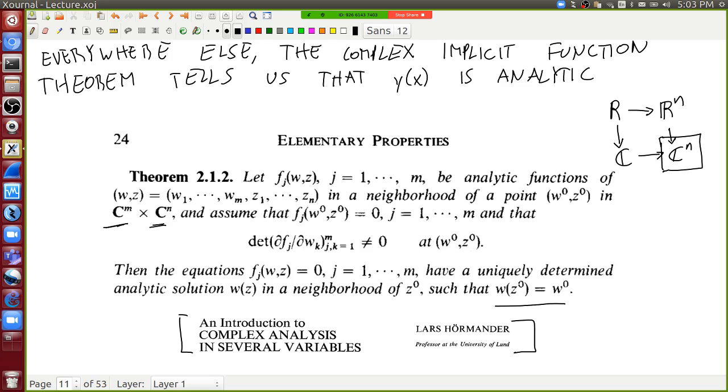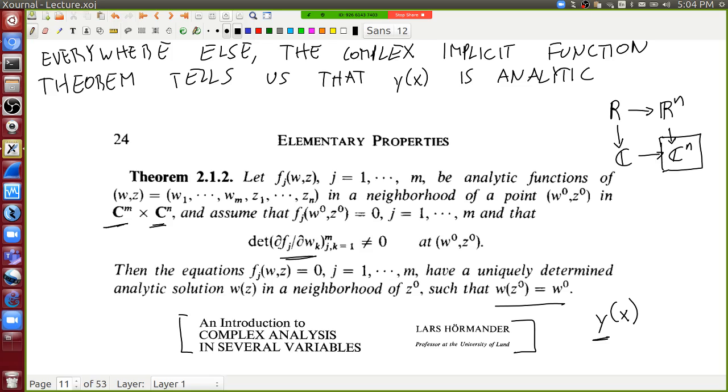We want y as a function of x. So w is a function of z, and the partial is with respect to w, y in our case. Since J, K, M is 1, this determinant is just a single partial derivative. And when this partial derivative is non-zero, the implicit function theorem tells us we've got an analytic function.